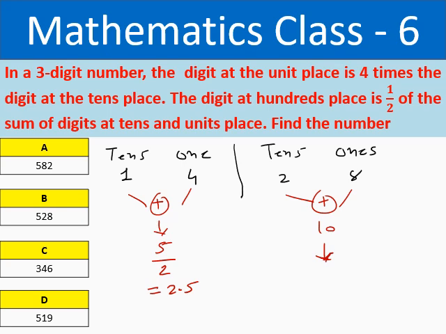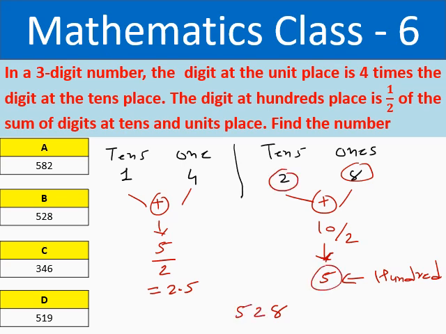But here if I take 10 upon 2, then it is 5. So this is the correct possibility. So we know that now we have the solution as 1's place digit 8, then we have 10's place digit 2, and the 100 place digit is 5. And this is not a valid possibility. So option B is the correct option.